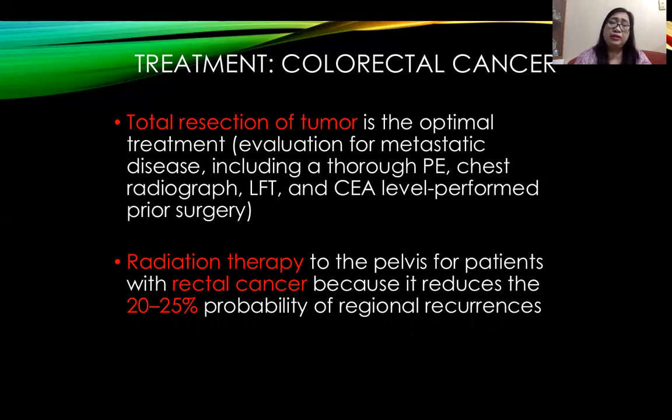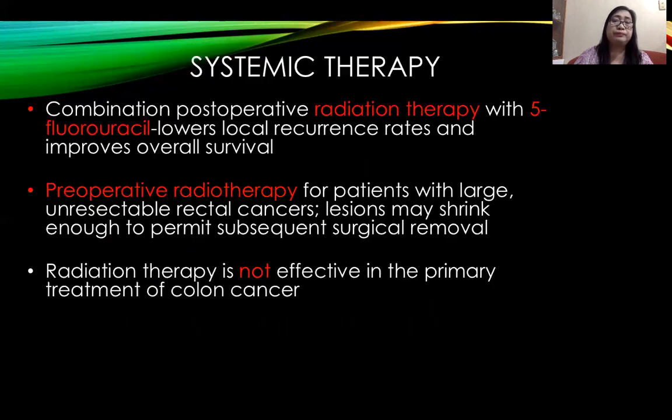Radiation therapy to the pelvis for patients with rectal cancer is also being entertained because it reduces the probability of regional recurrences by 20 to 25%. So that is for the rectal cancer. What about systemic therapy?